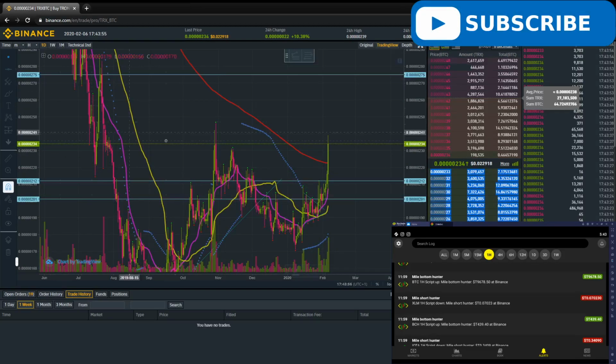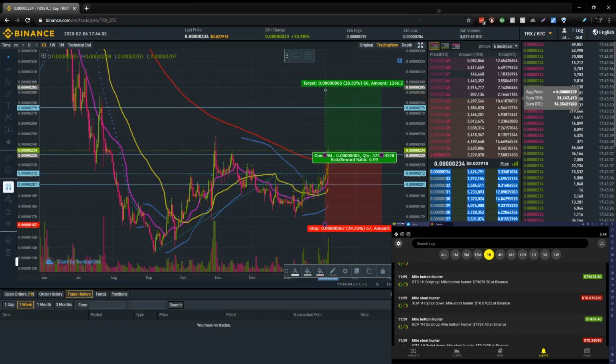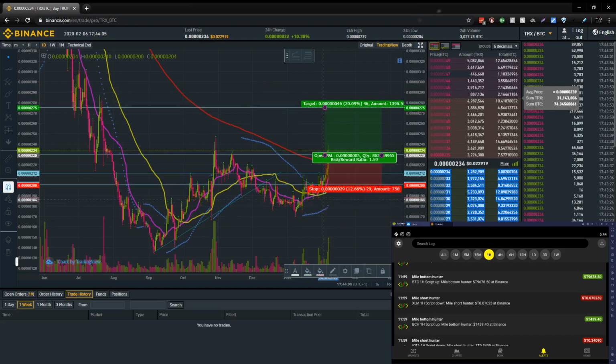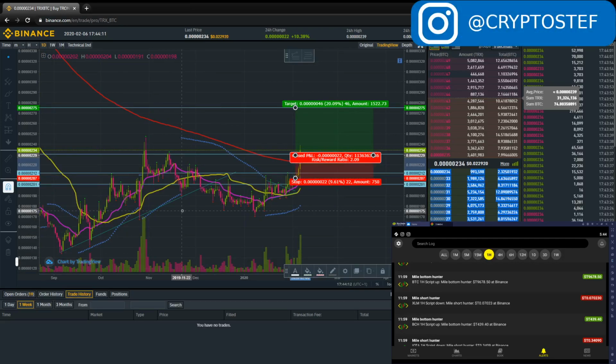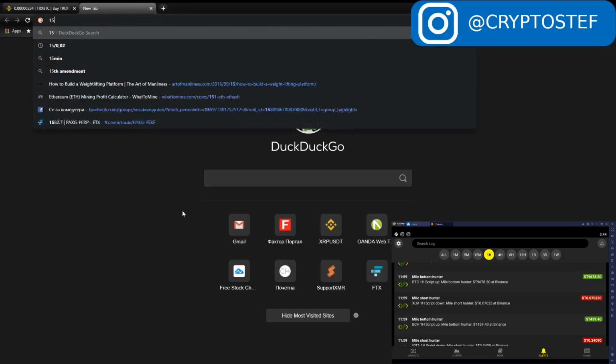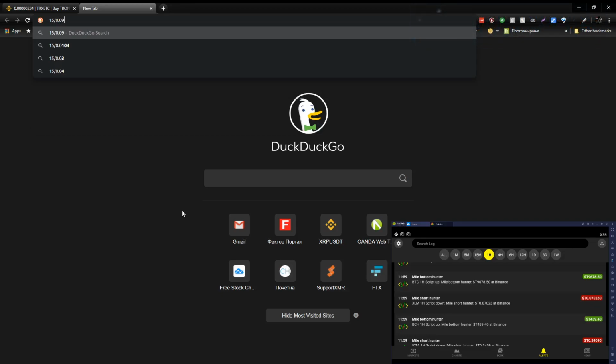Why not? So here's my buy, and my stop is where it is. Okay, so here is how you calculate your risk. So my risk is 15%, $50 divided by 0.098.